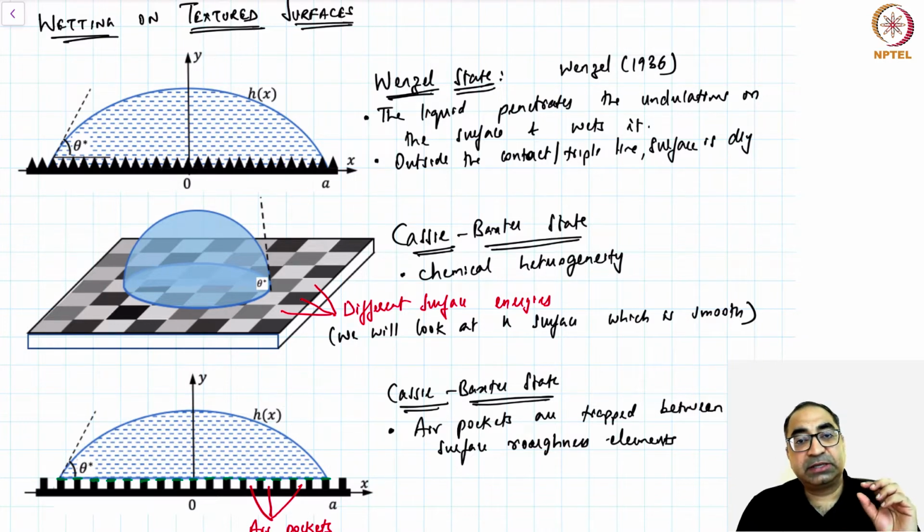Another possibility is that the roughness elements are not as simple as we've seen here, but they could be hierarchical structures and so on. So wetting on rough surfaces is an active area of research, and therefore any list that I make will certainly fall short of our current understanding of the problem.